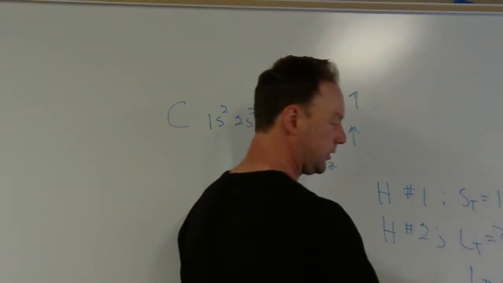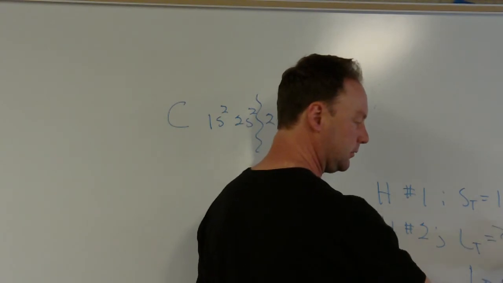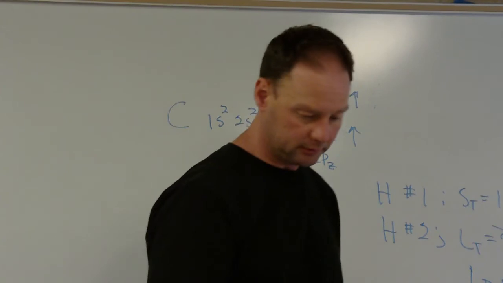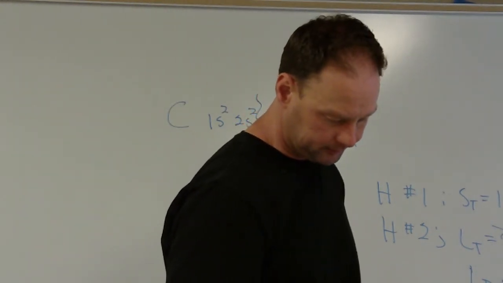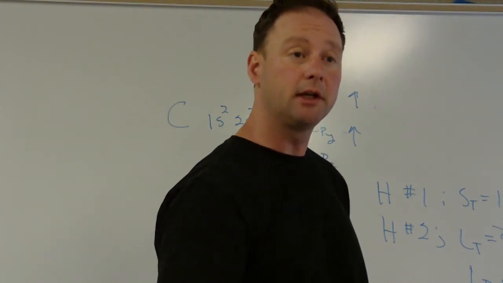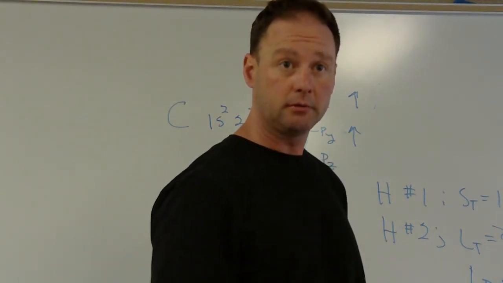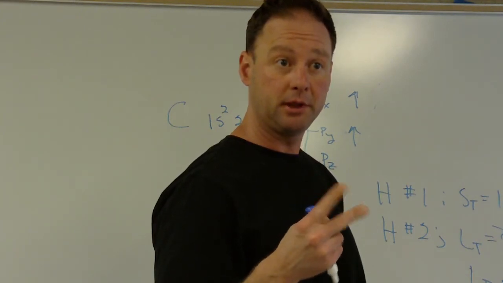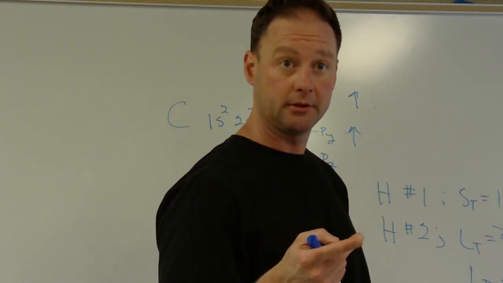Now, let's look at L total. So I'm tempted to write down a 2. Right? Tempted to write down 2, but for 2, I would have to have 2 p orbitals, and p orbitals are antisymmetric.